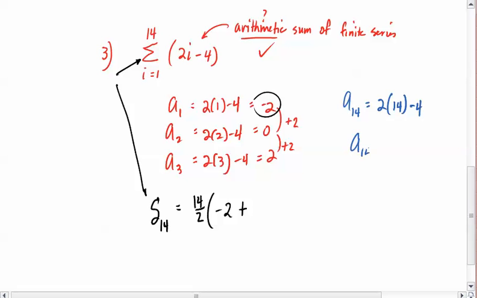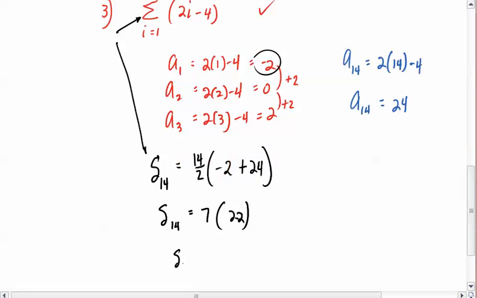So I have a sub 14, and a sub 14 is 24. So I'm going to put the 24 in there. So I have 7 times 22, and that gives me a sum of the 14 of 154.